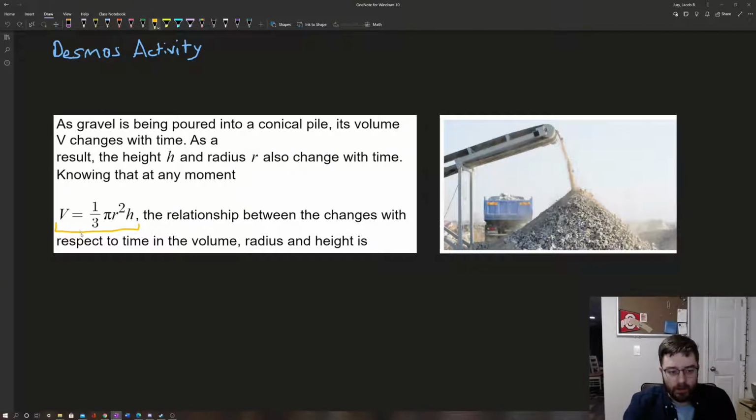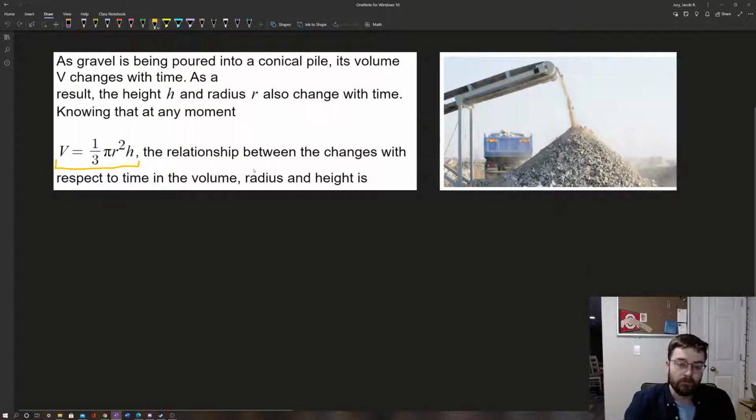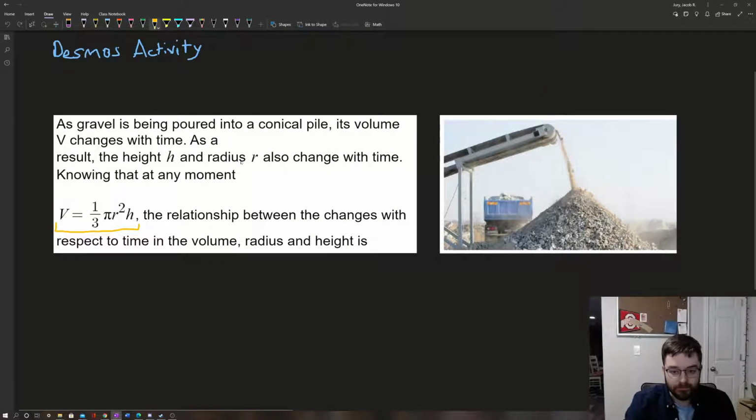And this volume is the relationship that we're using. One of the first questions you'll be asked on this Desmos activity is how do we represent this derivative? How do we represent volume, radius, and height changing? So we want to know how they change with time.